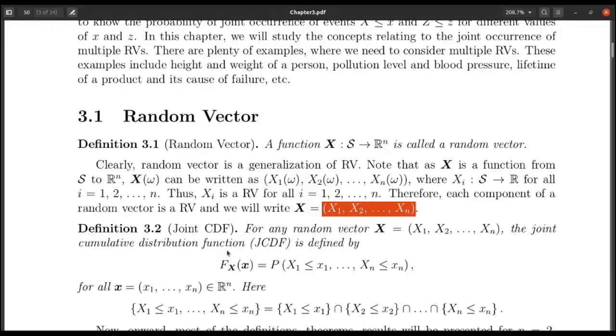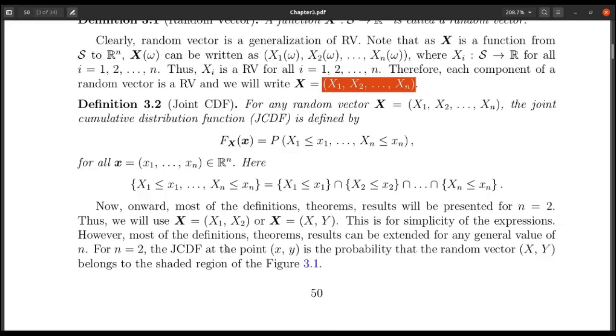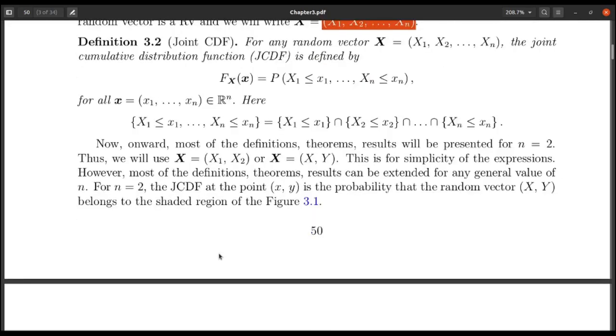Now, just recall that when we talk about a random variable, after defining it, we talk about the cumulative distribution function, or CDF, of the random variable. Similarly, in this case we will first talk about the cumulative distribution function, generally called the joint cumulative distribution function of a random vector.